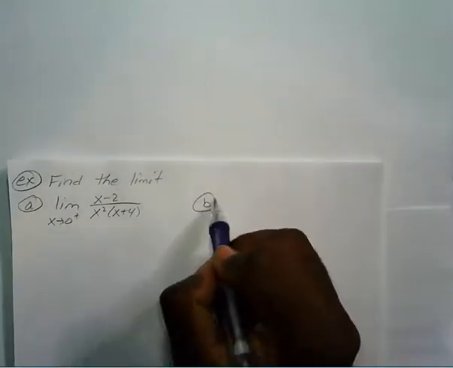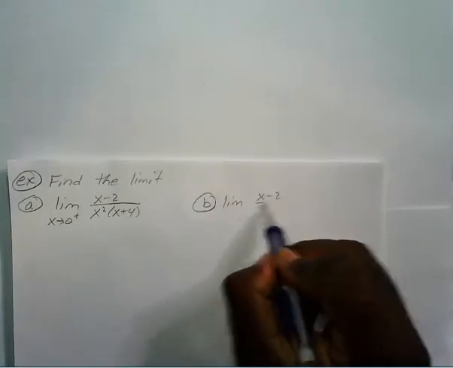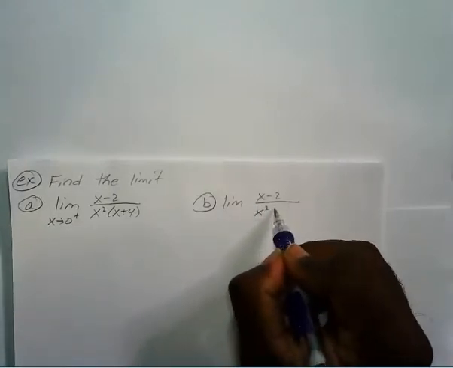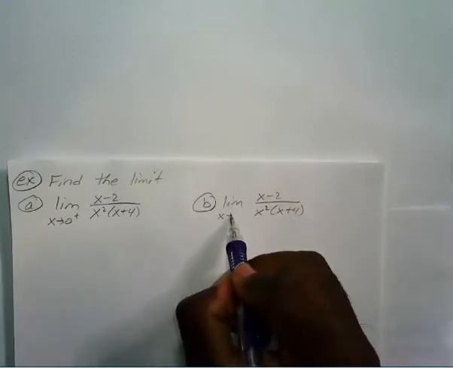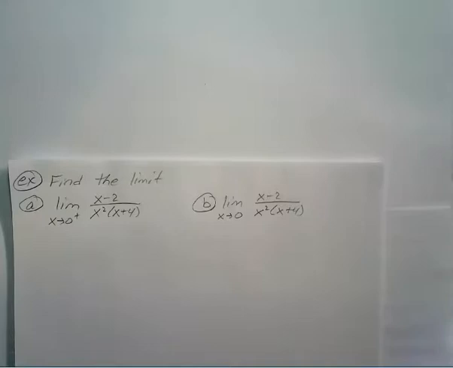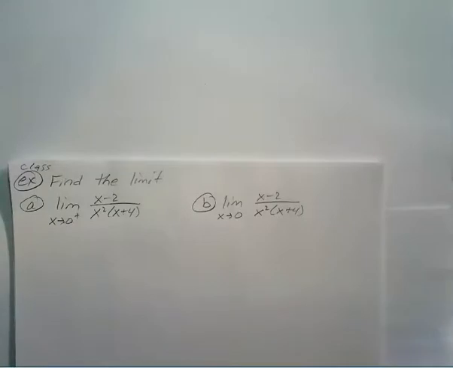And for problem B, the limit of x minus 2 over x squared times x plus 4 as x approaches just plain old 0. Go ahead and press pause and work on this one yourself. Use the same steps as the previous example.